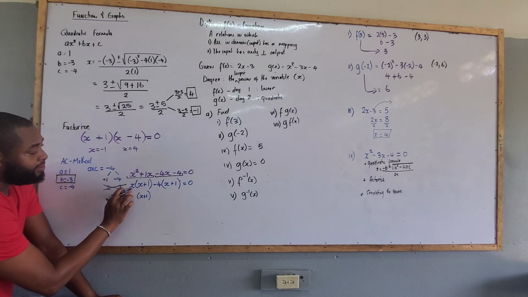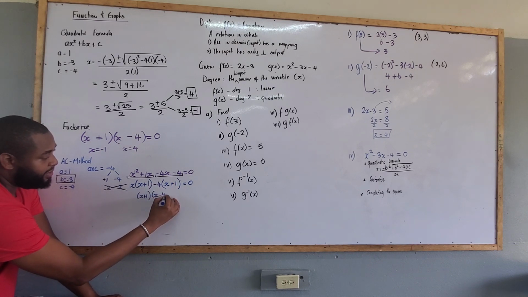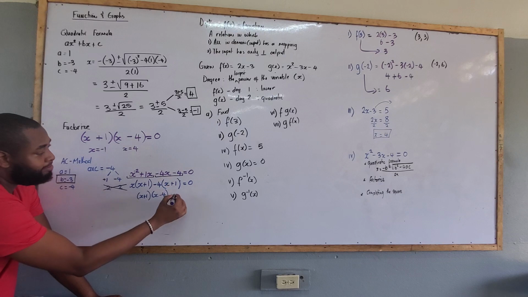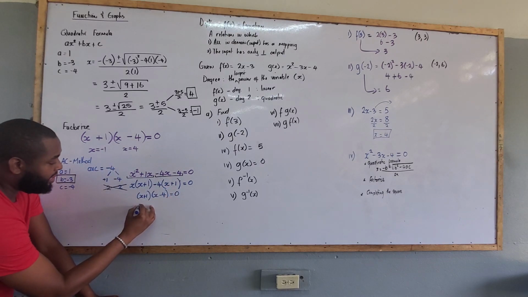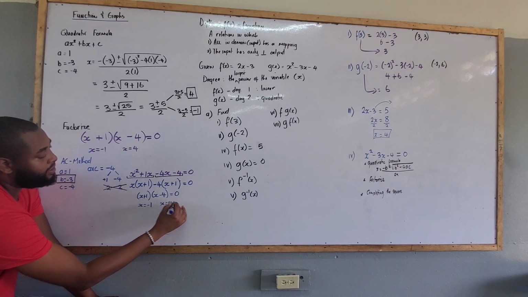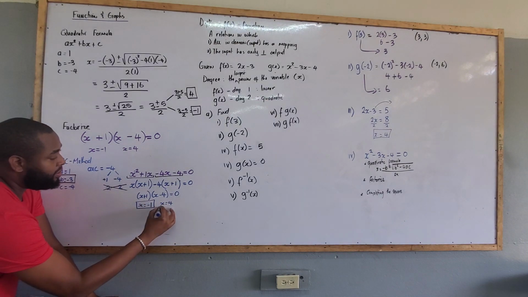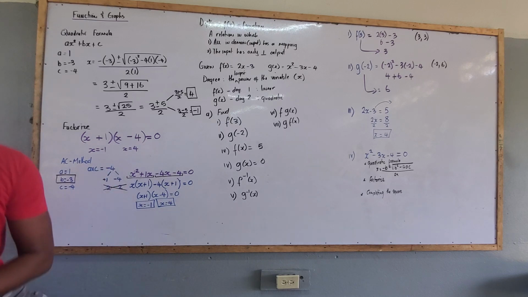From this term, it leaves a single x. From that term, it leaves the minus 4. So you come right back to this. And now set each factor to 0. So we get x is negative 1, x is positive 4. So we come full circle to the same solution again. Got it? So what approach do you take?